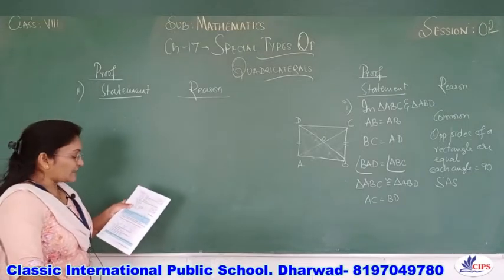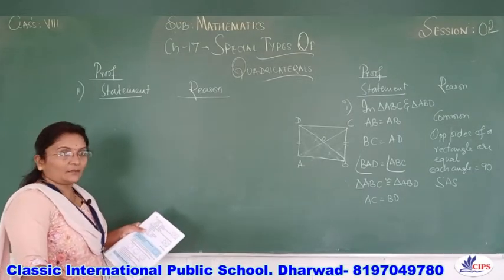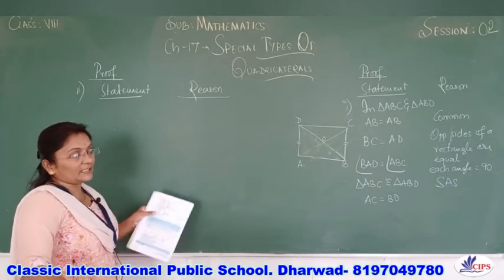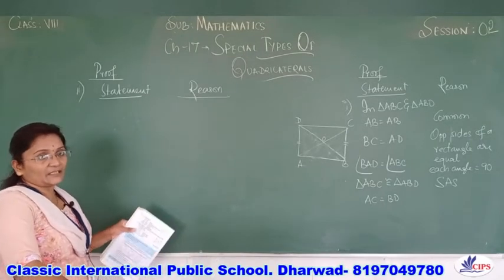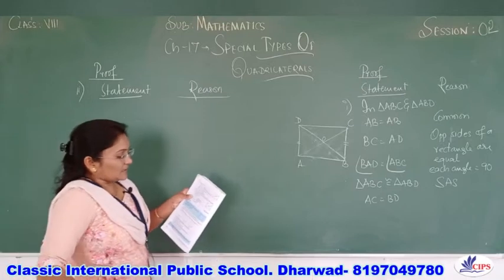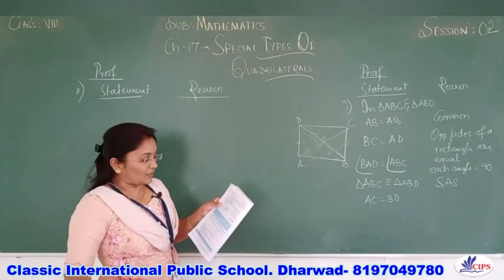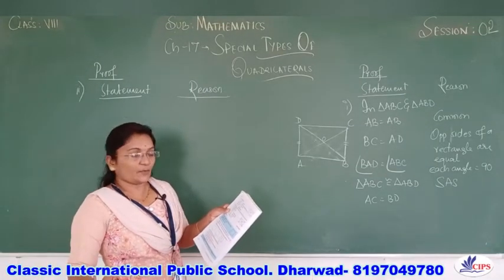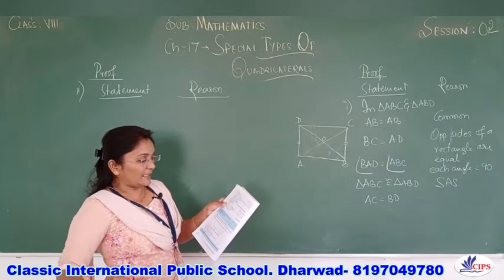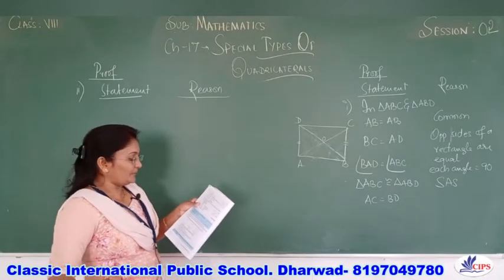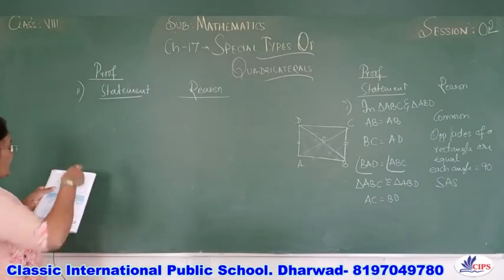Since a rectangle is a parallelogram, they have told that a parallelogram is also called a rectangle if each angle is 90 degrees. So since a rectangle is also a parallelogram, its opposite sides are equal and parallel. So AD is parallel to BC. We will start the proof now.